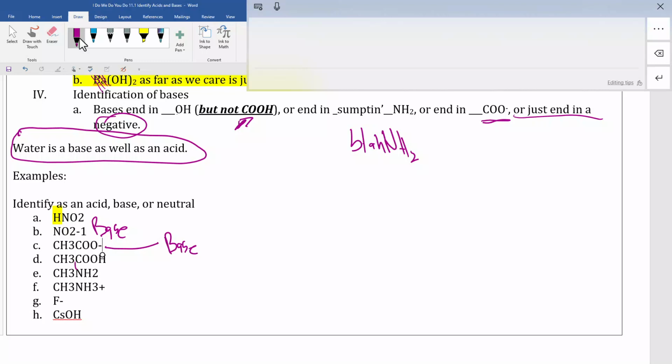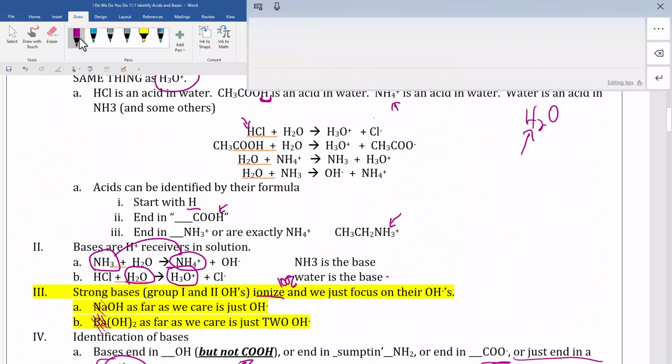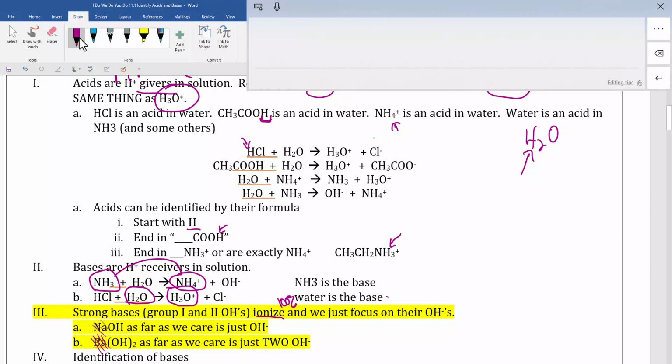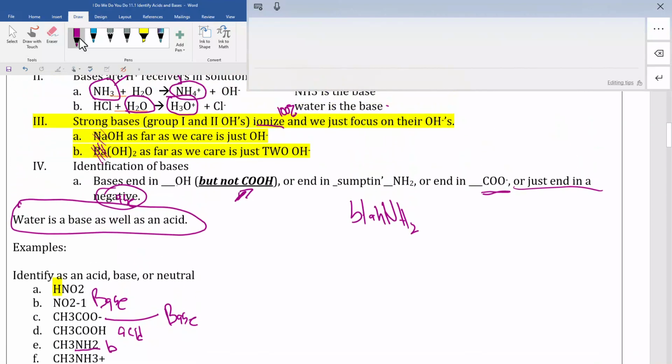Here I'm looking at COOH. So my COOH part, remember I said acids end in COOH? That's an acid. But I thought bases ended in OH. Here's an example of a base that ends in an OH. But notice it's not COOH. This ends in NH2. That means it's a base.